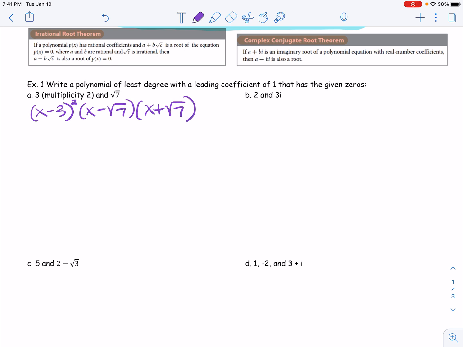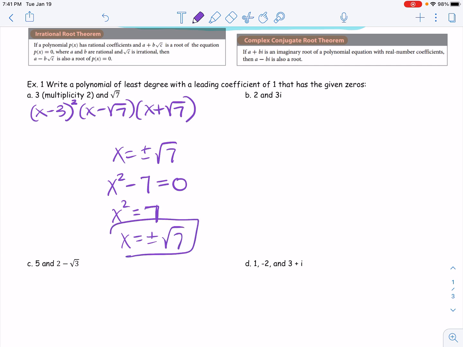Another way you can think about that is, how would you get x to be plus or minus root 7? Well, that means x squared minus 7 would have had to equal 0. Moving that negative 7 over, taking the square root, plus or minus root 7. Boom, done.